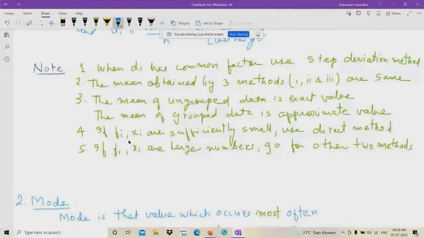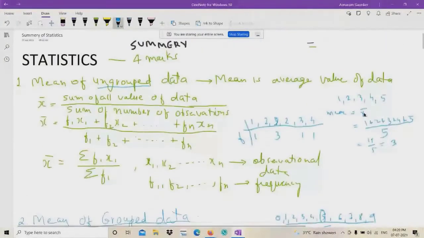Now, the mean of ungrouped data is the exact value and the mean of grouped data is an approximate value. So you remember this point very well.